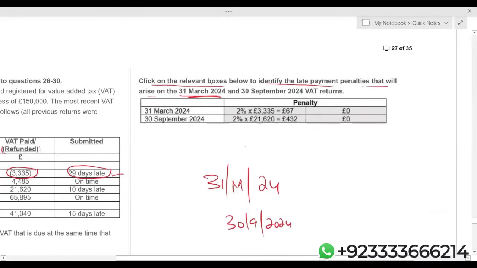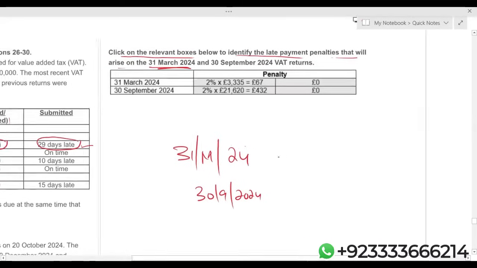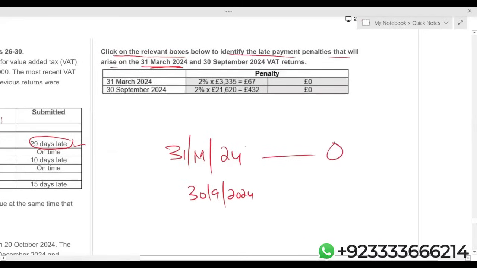So click on the relevant box below to identify the late payment penalties. So here actually the late payment penalty is 0. Why is the late payment penalty 0? This is the question. The answer is because there is no VAT payable, this is VAT refundable. So why would I pay a penalty on VAT refundable even though I submitted the VAT return 29 days late? Normally, if you're submitting within 15 days, it's okay, no penalty at all.